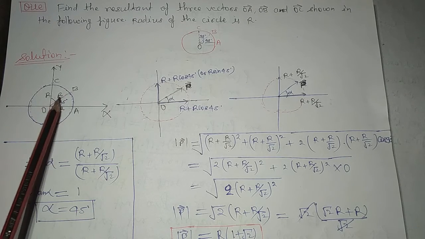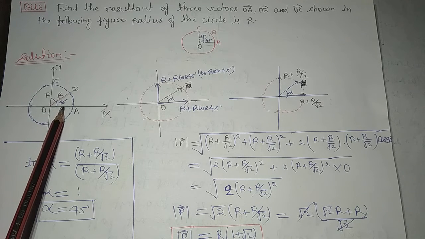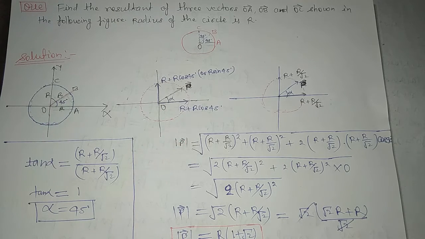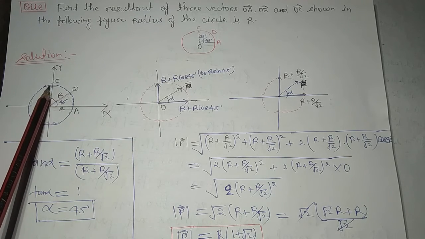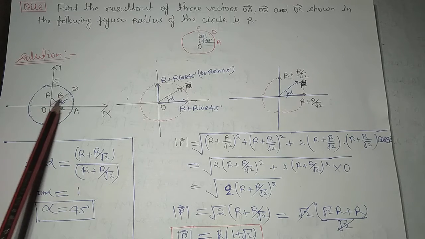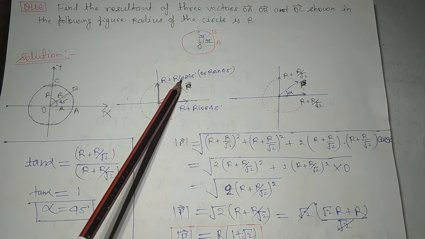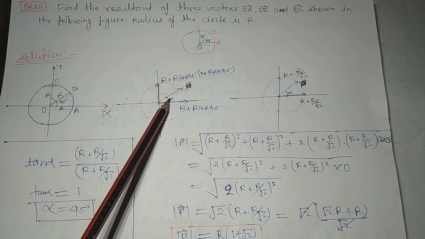So OB is r. So the component of the OB vector on the x-axis is equal to r cos 45. So r plus r cos 45, and on the y-axis this is initially r, and resolving the OB vector on the y-axis, this will be r plus r cos 45 or r sin 45, because this angle is 45 and this is also 45.